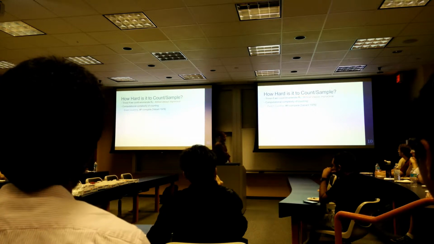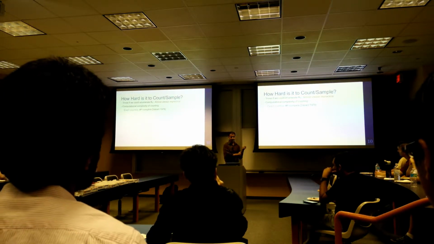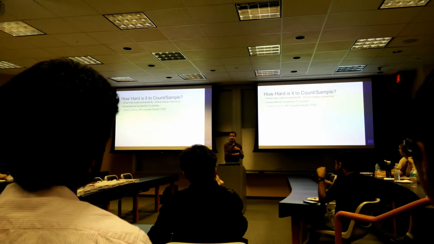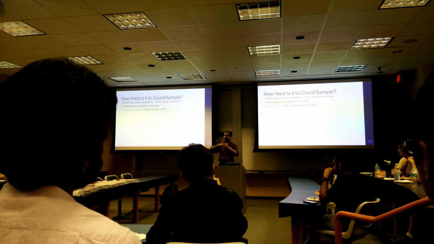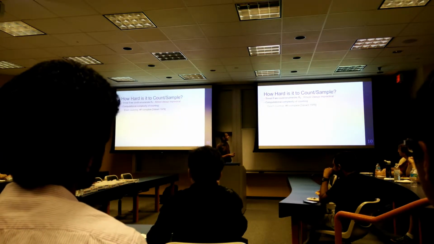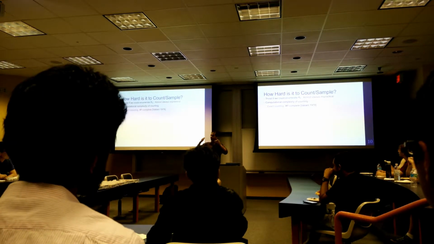For counting, the problem interested theoreticians in the 70s, and Leslie Valiant was able to show the problem is #P-complete. #P is the class of problems that are far beyond NP, far harder. So if you thought that NP is sort of really hard problems, no, they are far beyond NP.